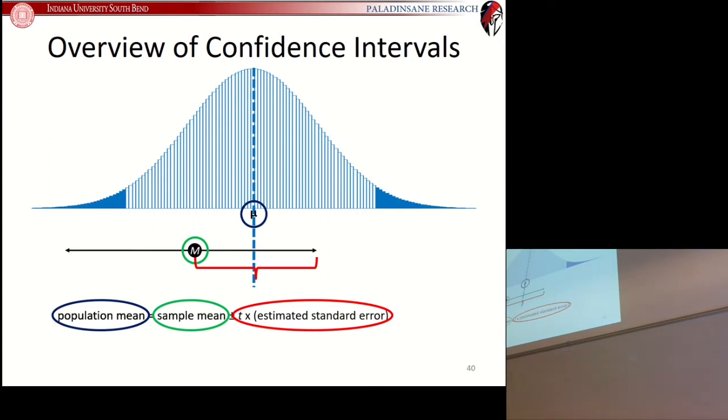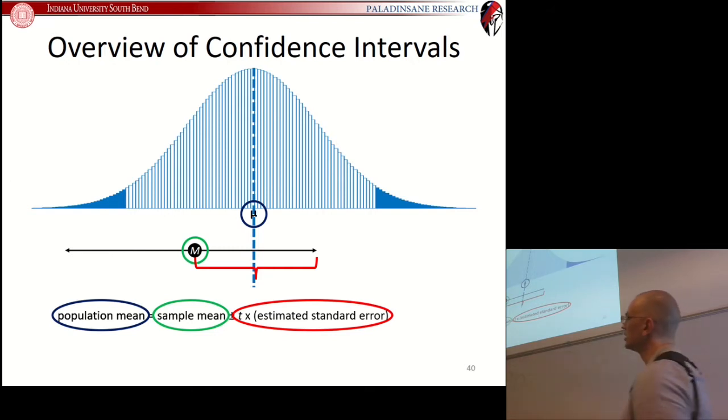Remember going back to the appendix, the t statistics, those values where there's 5% in the tails, 10% in the tails, 20% in the tails, 1% in the tails. That's where you get that t statistic. That's your critical t. Estimated standard error we get from the standard deviation of the sample.